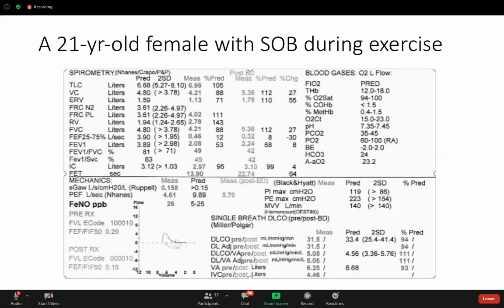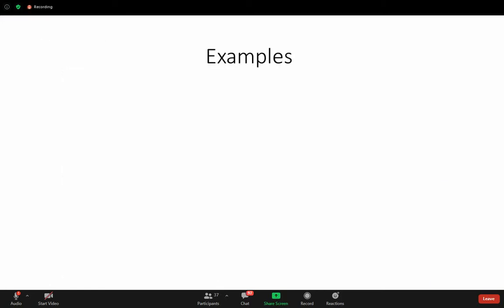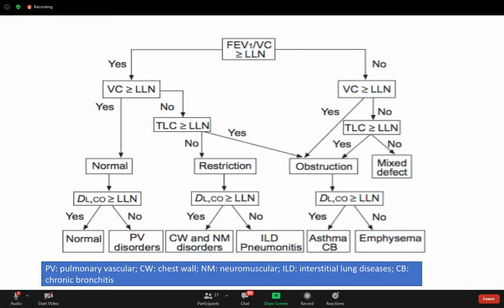So what's next? What should we see next after the ratio? Okay, good. FVC, VC.